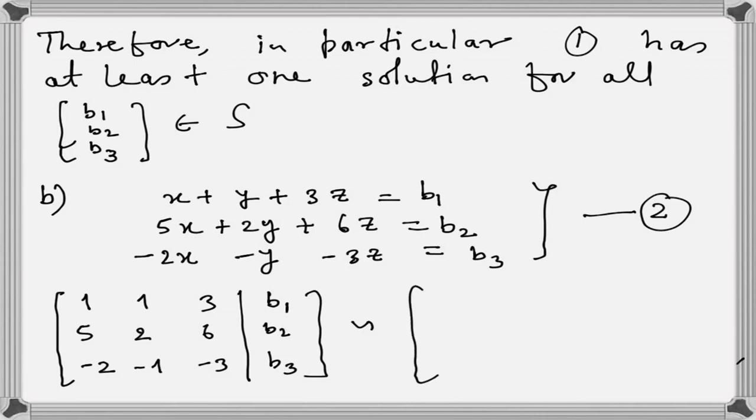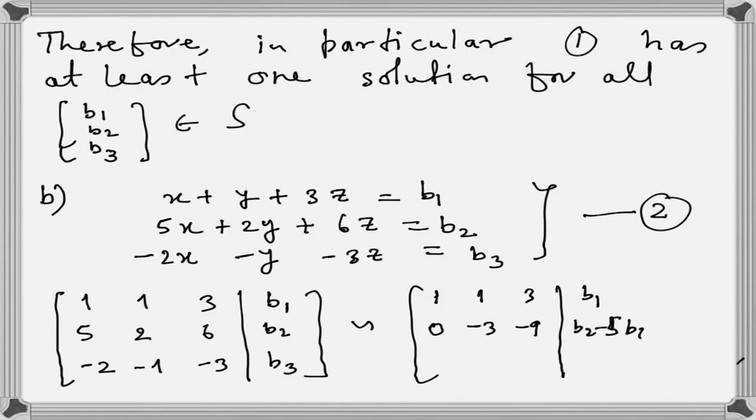Okay, so what we'll do is some row transformations. The first row is this, b1. The transformation is r2 minus 5r1, so this is 0, 2 minus 5 is minus 3, 6 minus 15 is minus 9, b2 minus 5b1.